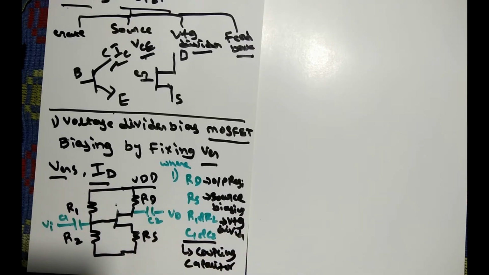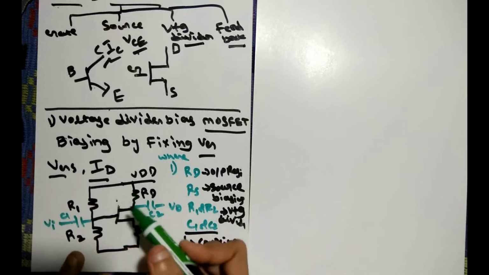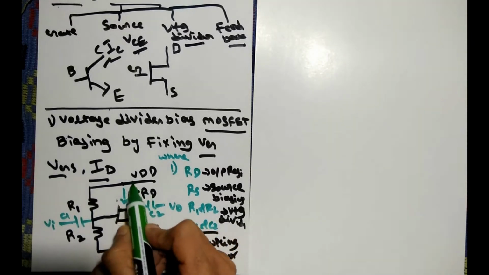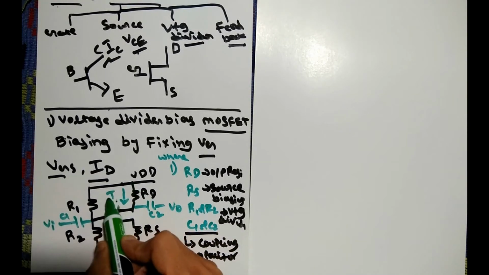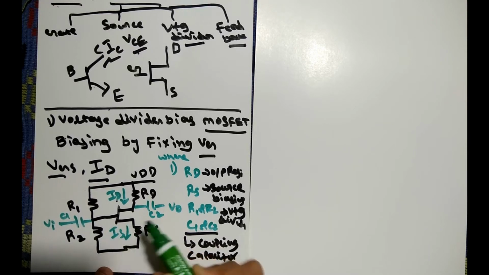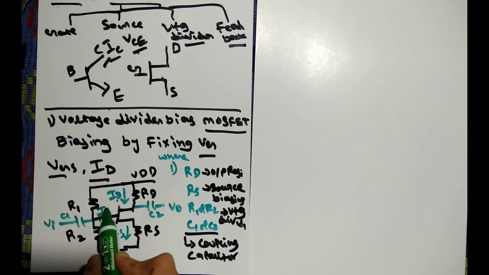Now we can discuss the currents flowing here. The first current, always remember, goes in this direction because VDD is positive. We call this current ID, and there is RS, so the current there is IS. One more current goes here, which we call the IG current.